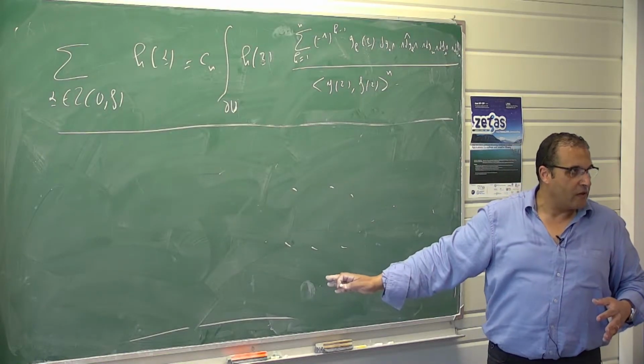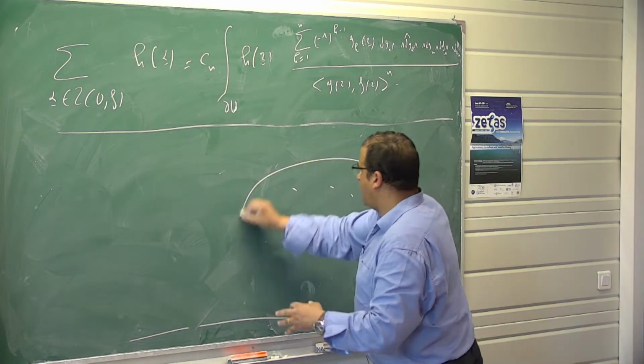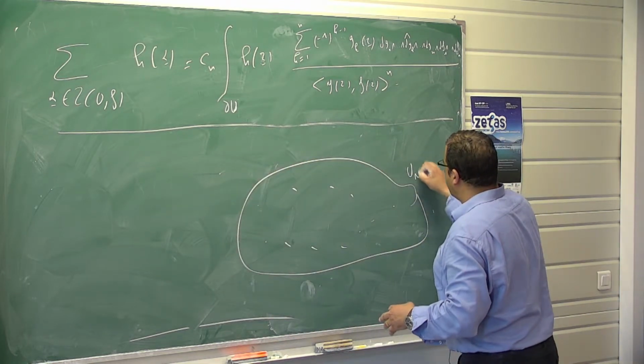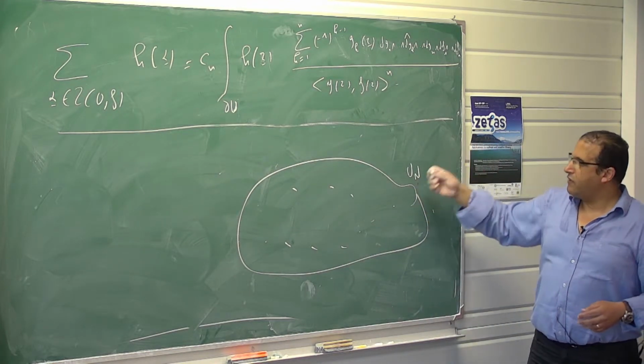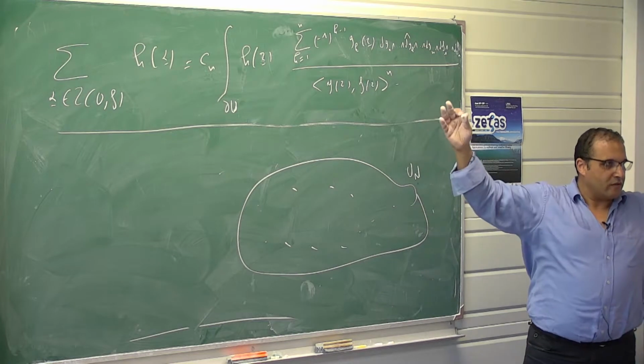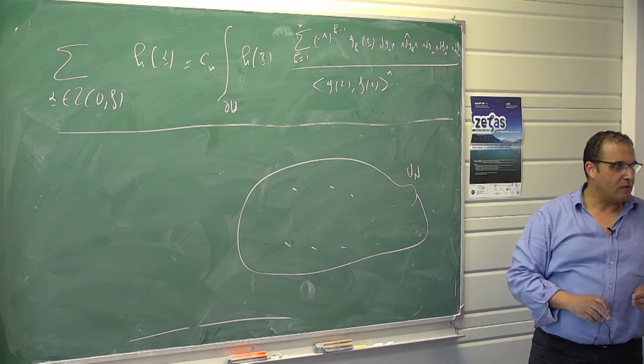Then what we apply: you choose your domain U, which depends on some parameter n, and when n tends to infinity, the domain recovers all your points.